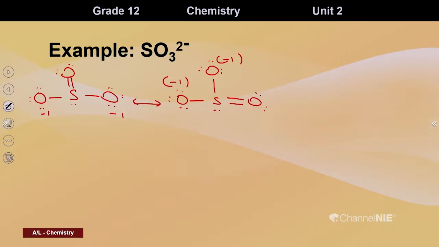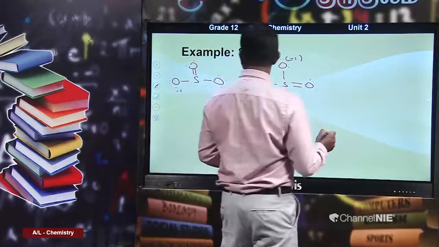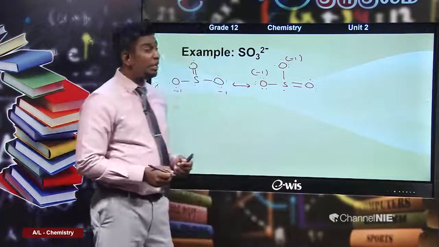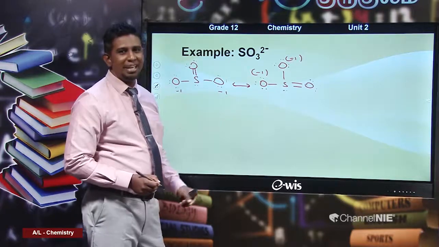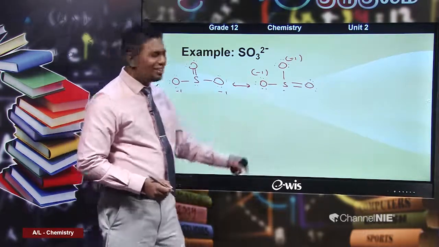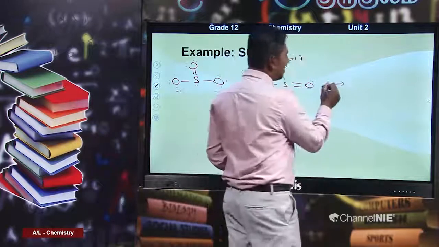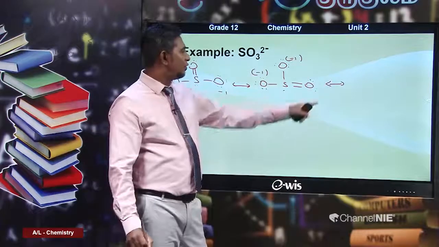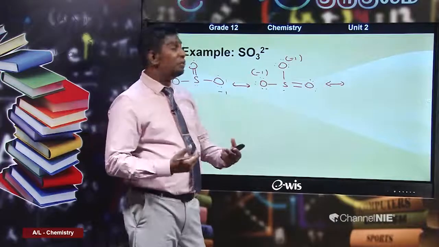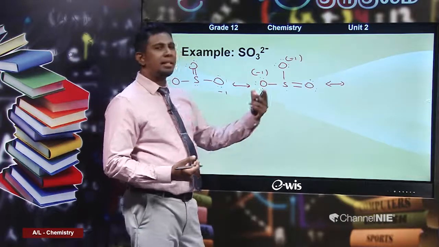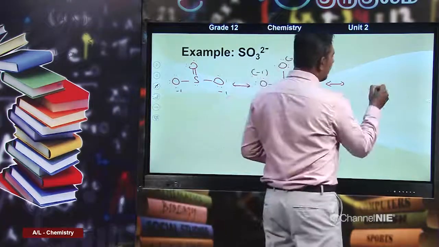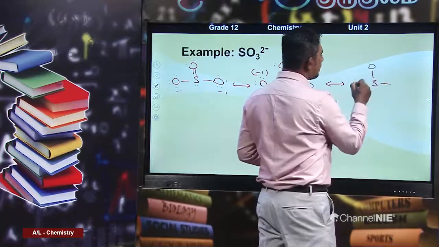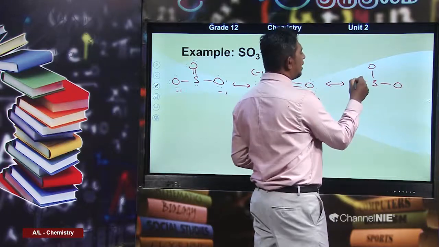It's special. Next I could change the position of the double bond. Once I have used it here, then here, where else? It's there, right? So next, this is a resonance structure I'm going to draw there. The arrow that we use is to say these are the resonance structures. So we have S, the same skeleton, but the double bond comes here.